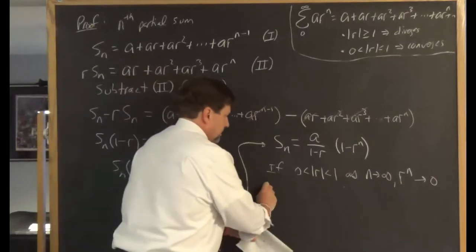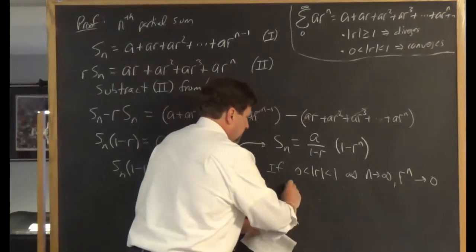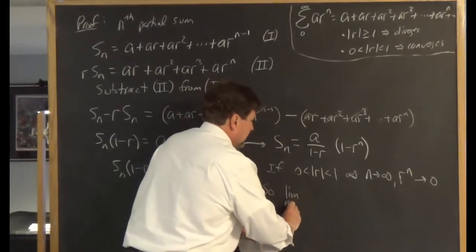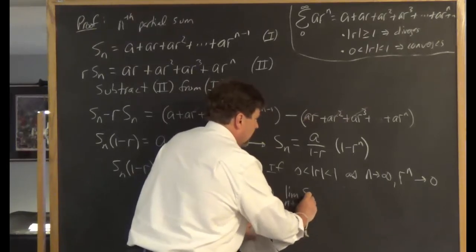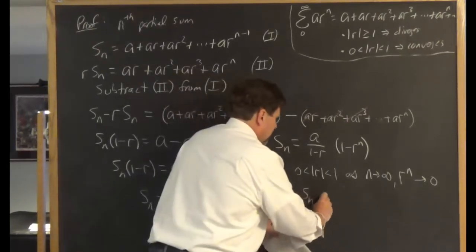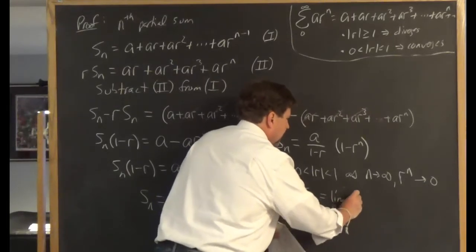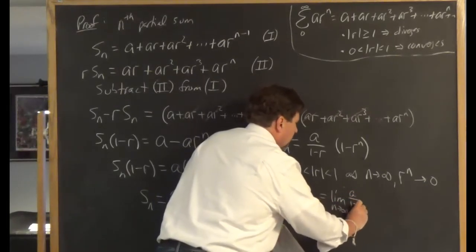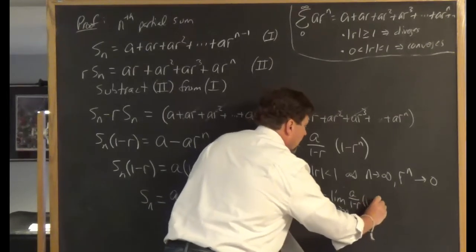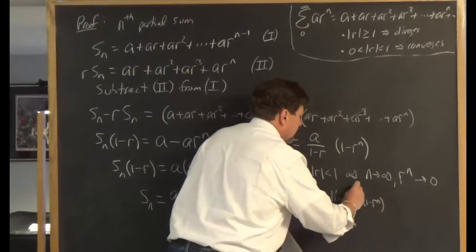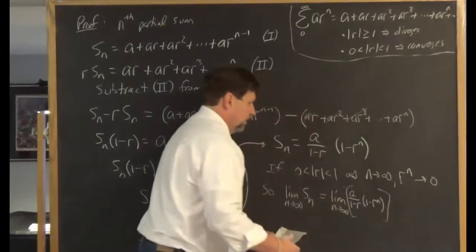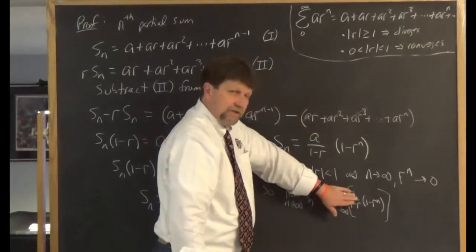So when we compute the limit as n goes to infinity of s sub n, that's the limit as n goes to infinity of a over 1 minus r times 1 minus r to the n. All this stuff right here is just a constant.